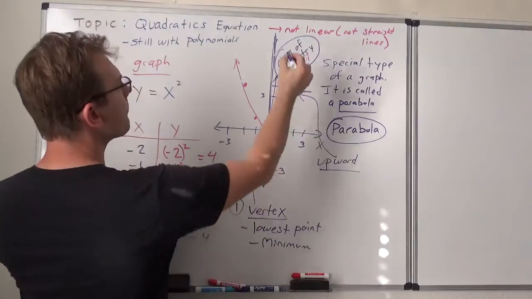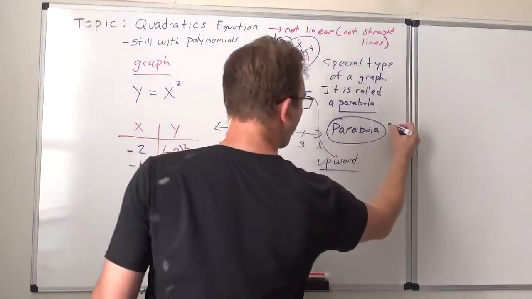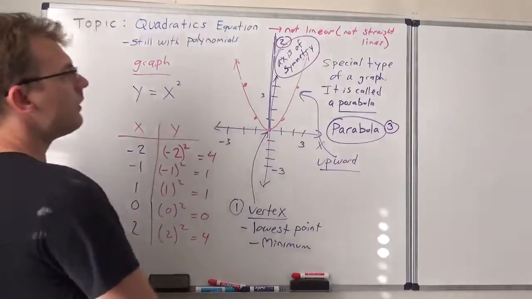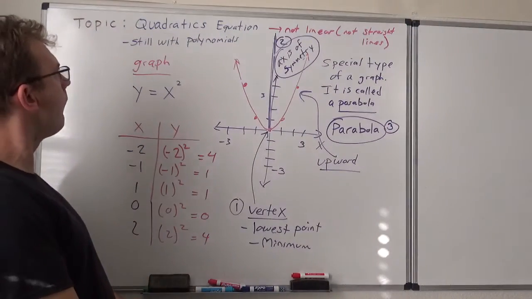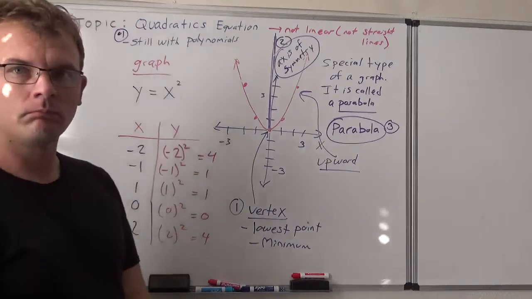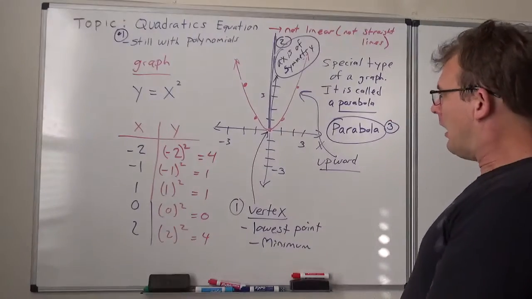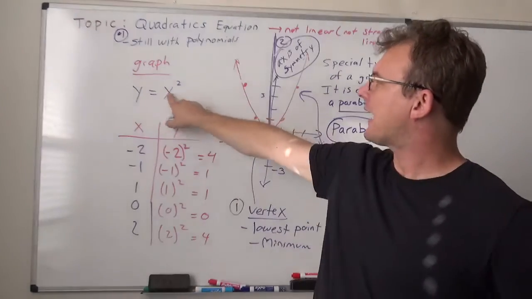So, vertex, axis, parabola, quadratic. 4 terms in this one. But that is with x squared.